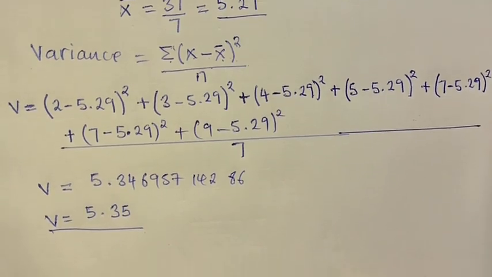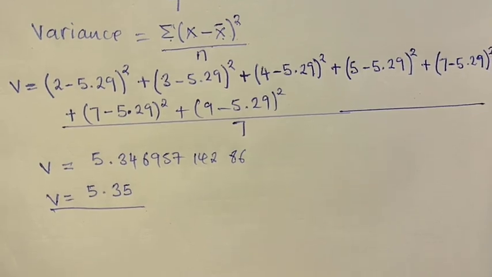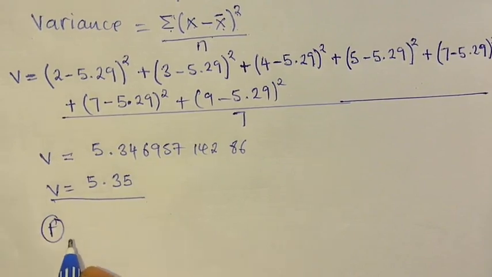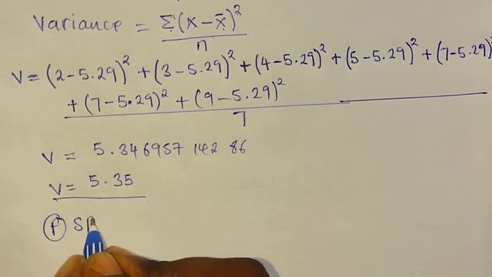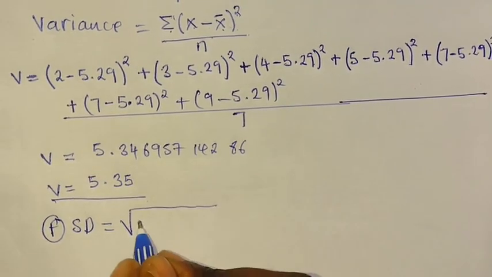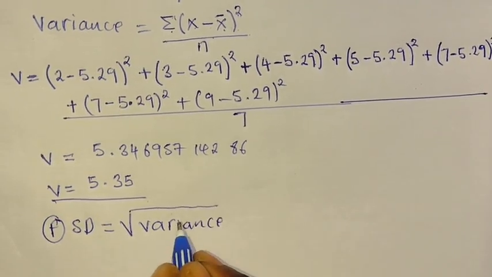Since we have found our variance, how do we calculate the standard deviation now? So we come to standard deviation. Just say standard deviation is equal to the square root of variance. For this one, don't even waste time.